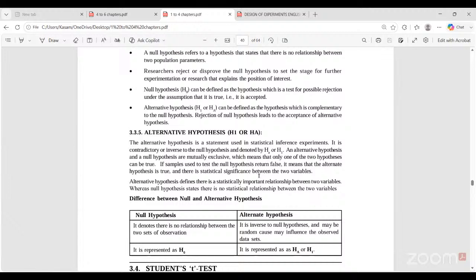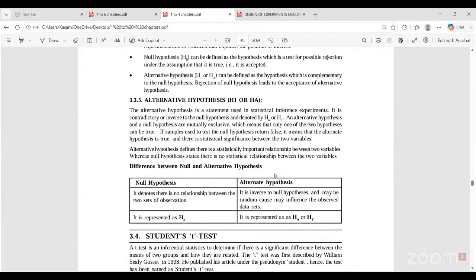If samples used to test the null hypothesis return false, it means that the alternative hypothesis is true and the statistical significance of the two variables is shown.